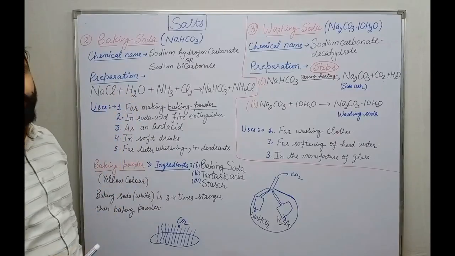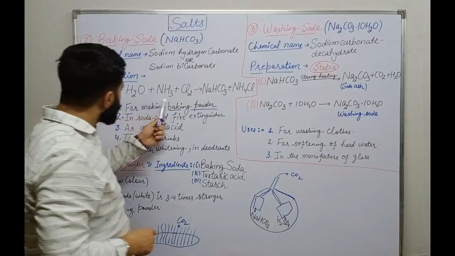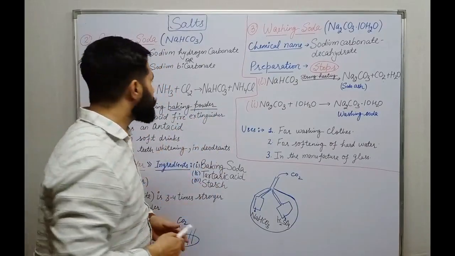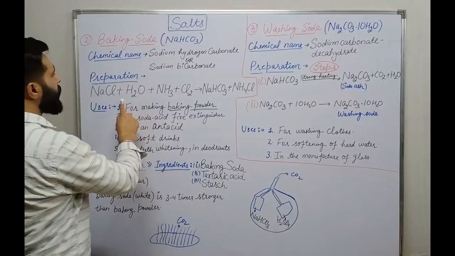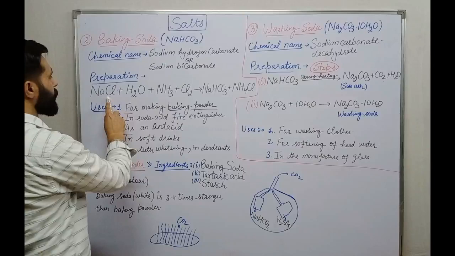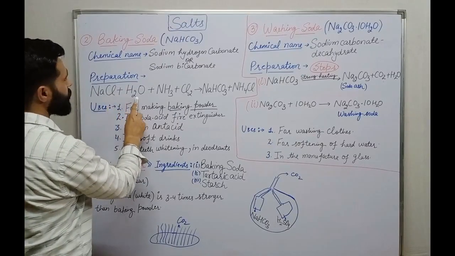How is it prepared? It is prepared by this reaction. And how will you remember this reaction? You can say baking soda is prepared from ammonia, water, salt. So we can say salt solution, salt in water.